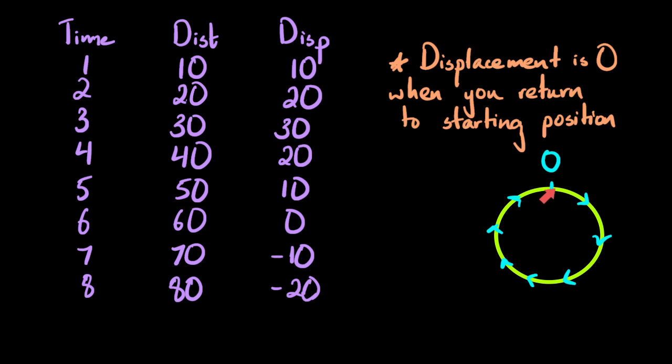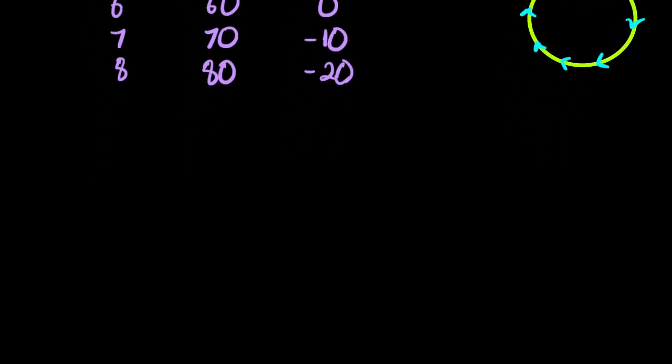So the idea is that if you go from here, travel all this distance, right? You have traveled some distance because you were moving, you covered some length while moving, but since you return to the original position back again, the displacement is 0, right? So in a round trip, and what I mean by a round trip is when we return to the original position, the displacement becomes 0.